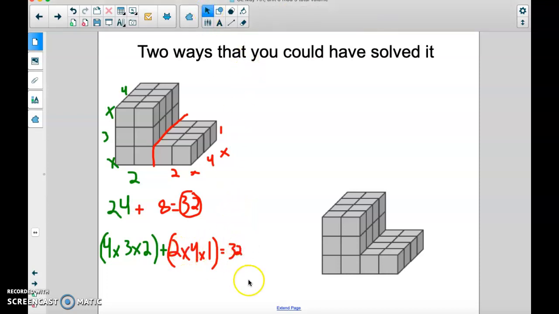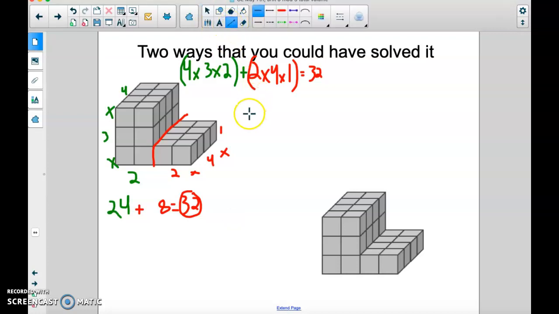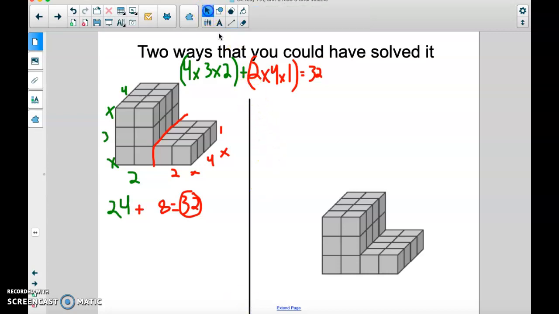Okay? So I'm going to move this straight up here for right now, just give myself some room. And I'll go ahead and kind of box this out so our work doesn't get separated.